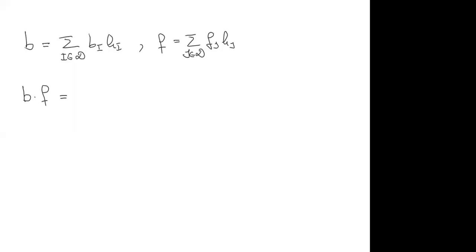If I now take the product and multiply term-wise, I'll get a non-trivial contribution only if the intervals I and J have a non-trivial intersection. And the nice thing about dyadic intervals is that if they have a non-trivial intersection, then one has to be contained in the other.